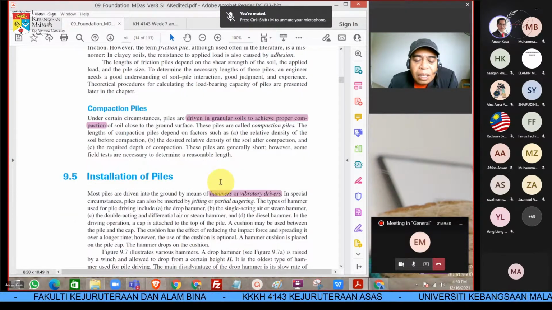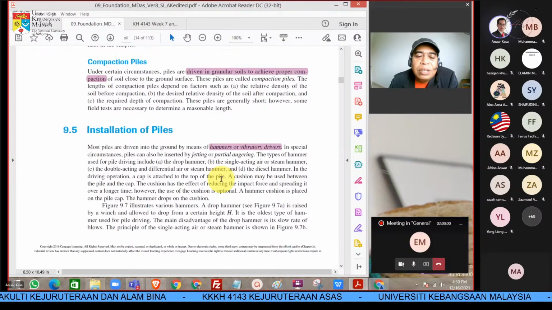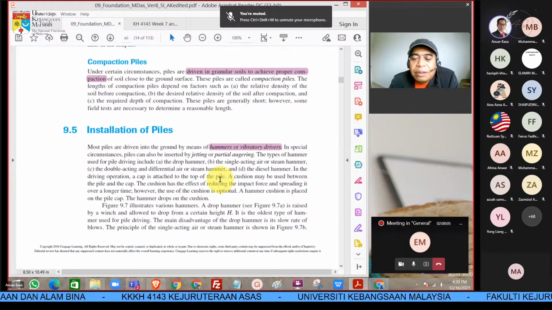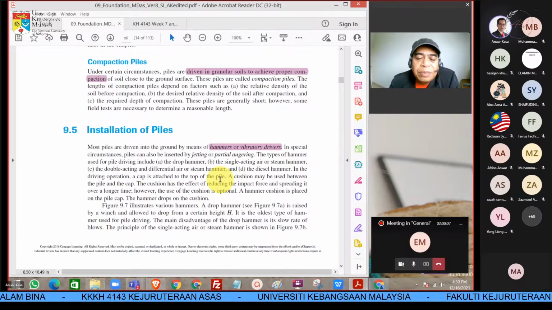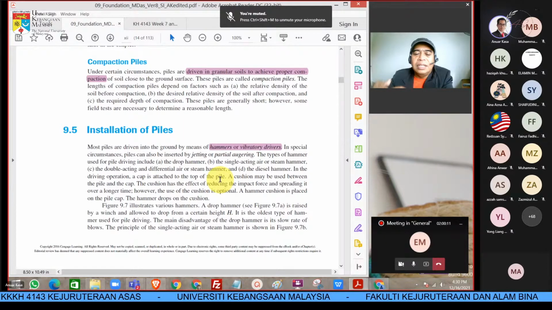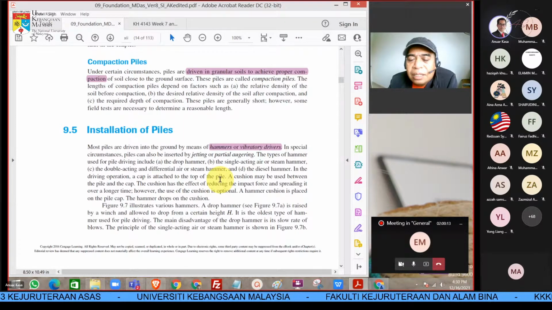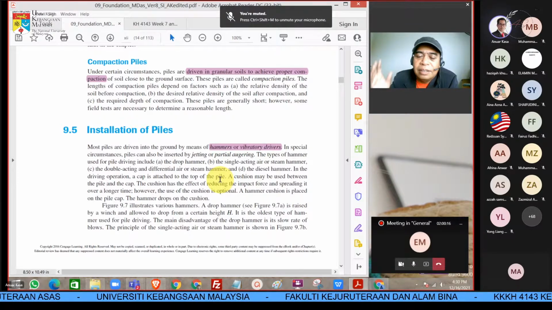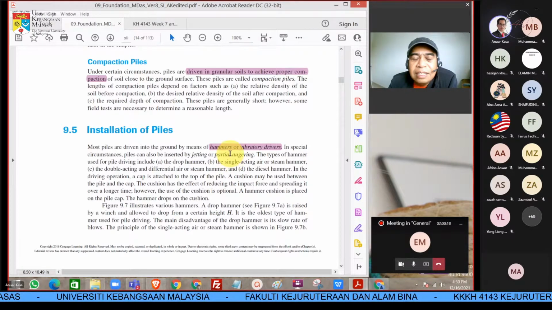Okay. To install the pile, there are so many methods. It can be a hammer or a vibratory driver. Vibratory is not using the load, it is about vibrations.